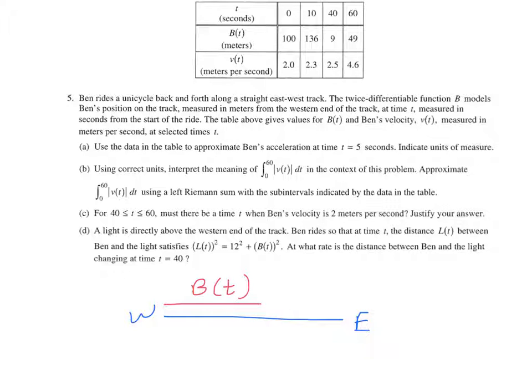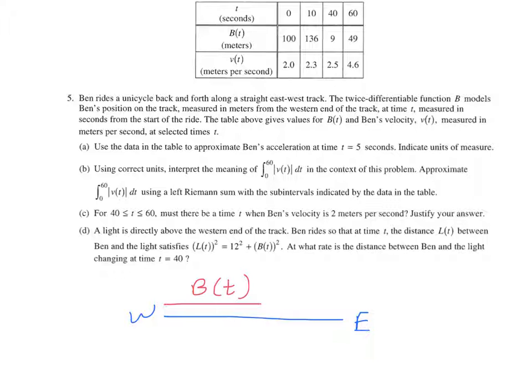Well, again, what you have to do on this one is take the derivative with respect to time. Now you have L(t) squared equals 12 squared plus B(t) squared. So you do have to use the chain rule to calculate that derivative. And then determine what happens at t equals 40.